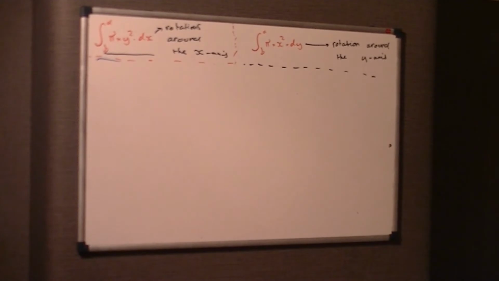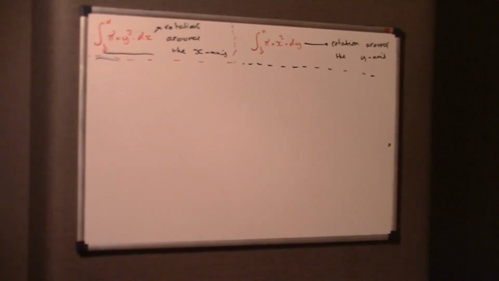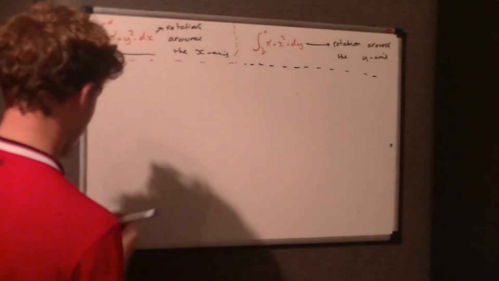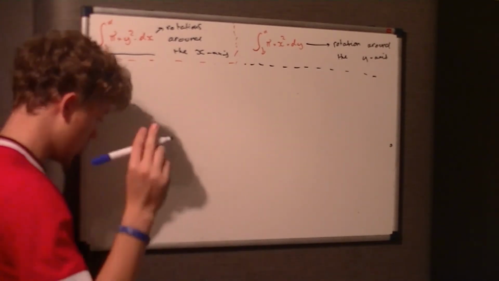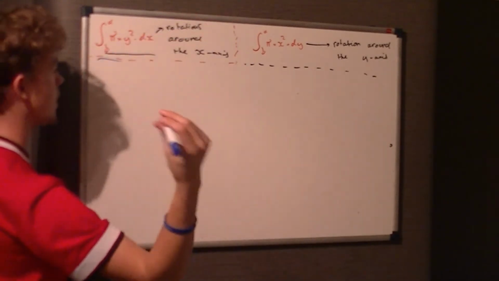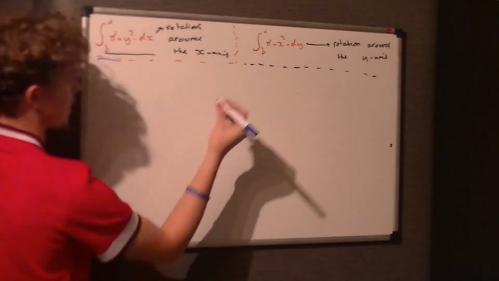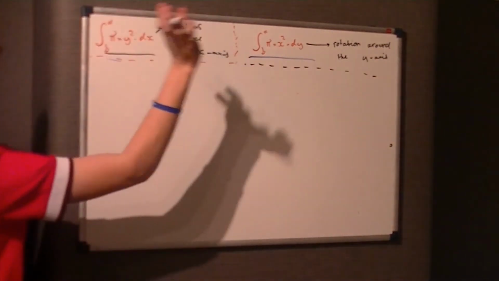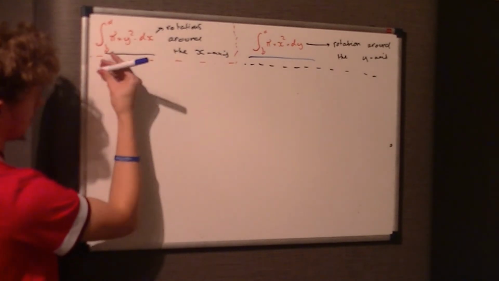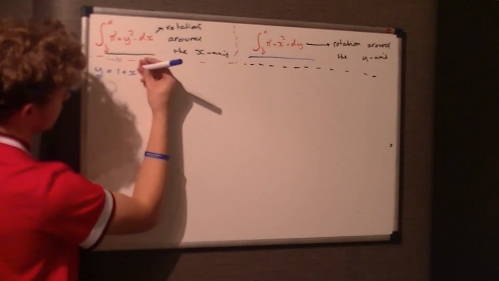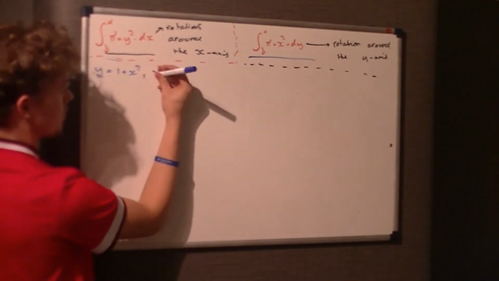Right. Now we're going to do a question on rotation around the y-axis. Now we are told in this question that the graph that we are going to rotate around the y-axis, so obviously now we are going to be looking at this equation. The equation of the curve is y equals 1 plus x squared.